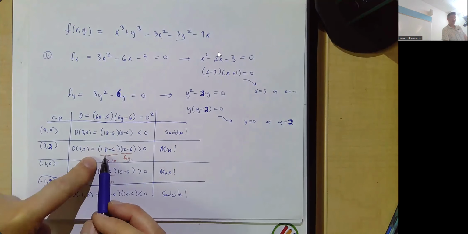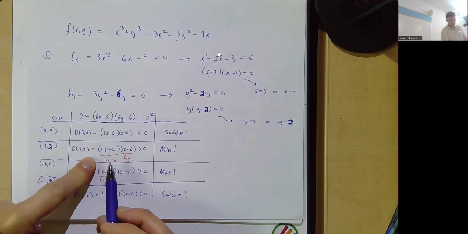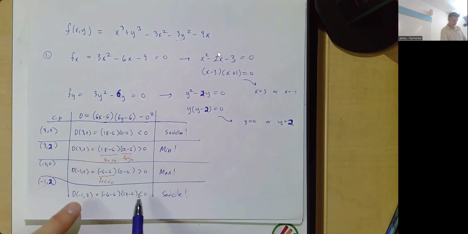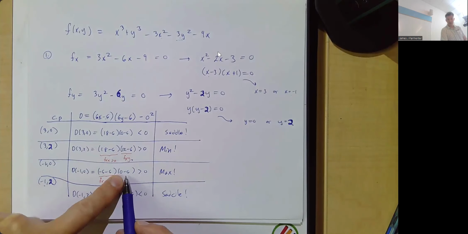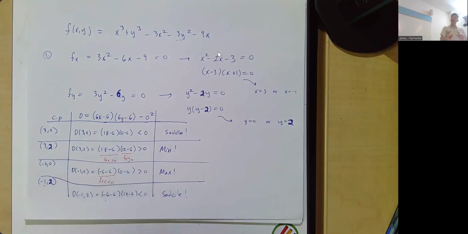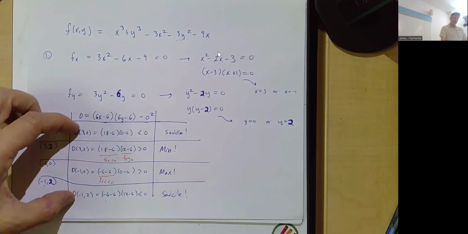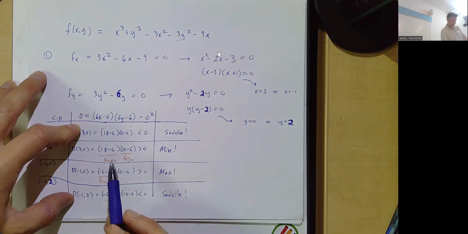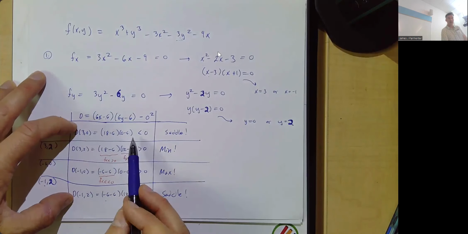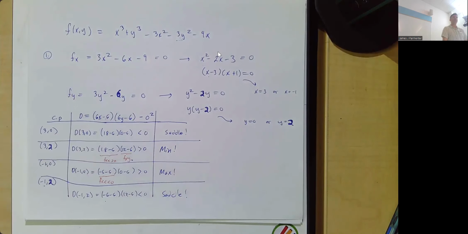So checking that fxx is positive here is equivalent to checking that fyy is positive there. Same deal over here. Since D is positive, fxx and fyy both have the same sign, in this case, both negative. On the other hand, when we have saddles, it is often, although it doesn't have to be the case, that fxx and fyy are opposite signs, like here and like here. We don't have to bother with them, because we don't need to do that if D is negative. Cool. Other questions?